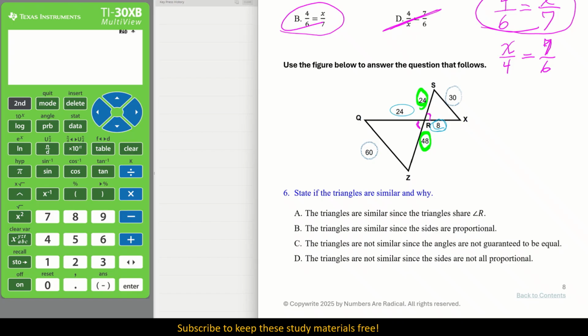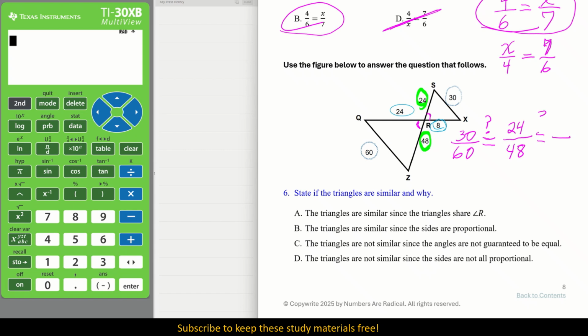Okay. So let's go about it the way I have it written down. Well, we know that we would have 30 over 60. I'm saying small over large. Now we have a question mark. Does that equal 24? We're going with small, 24 over the larger 48 corresponding side.